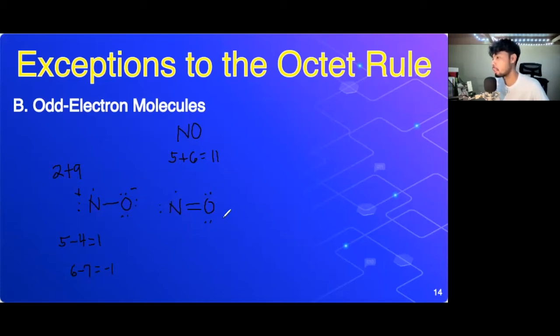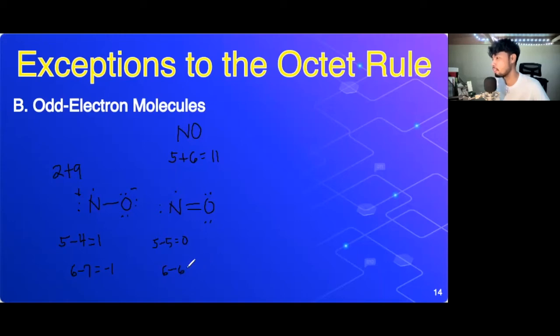In the other Lewis structure, we have 5 valence electrons for nitrogen and 5 assigned electrons. So we have a 0 formal charge for nitrogen. For the oxygen atom, we have 6 valence electrons minus 6 assigned electrons.